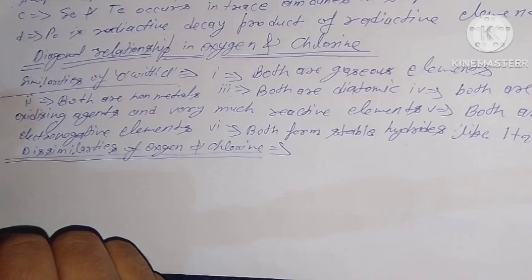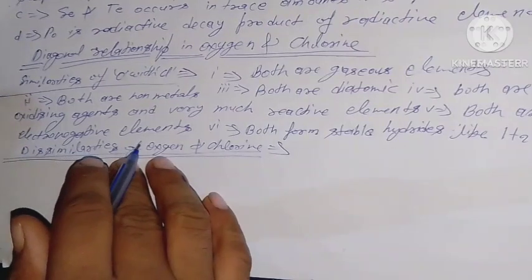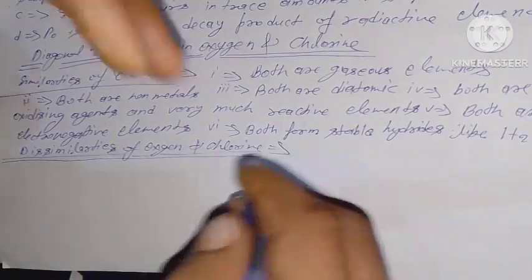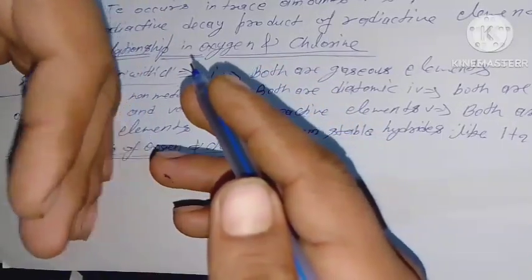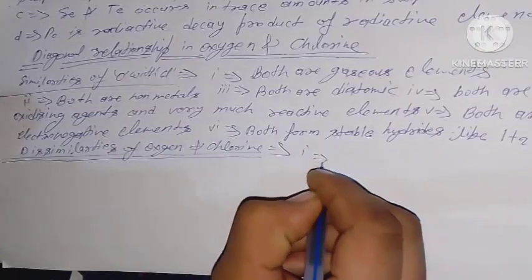Although oxygen and chlorine show diagonal relationship, they also differ in some aspects.